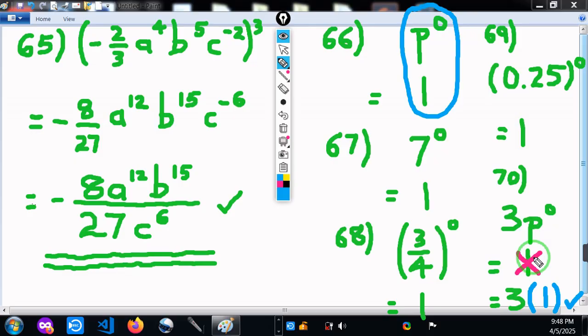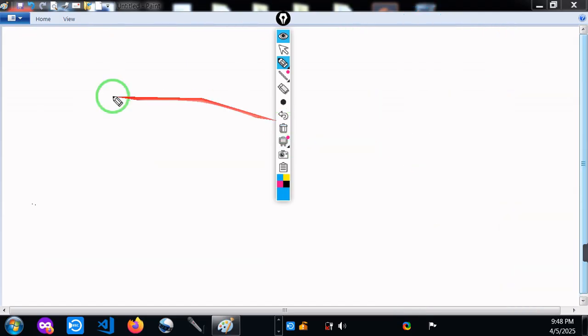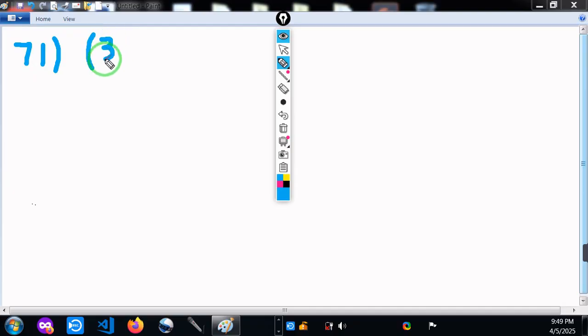Let me put 70 here. Now 71, in blue. Okay, we go. And 71 is 3p to the power. Just now that number and this one, I believe, came out in the Form 3 LCE exam over here.